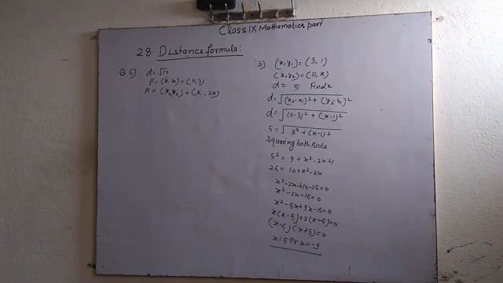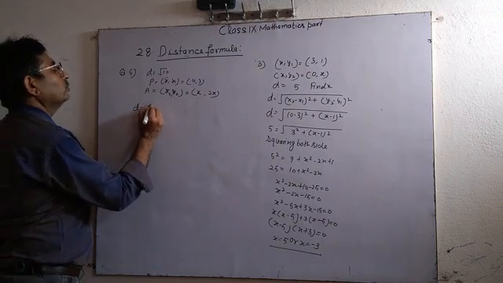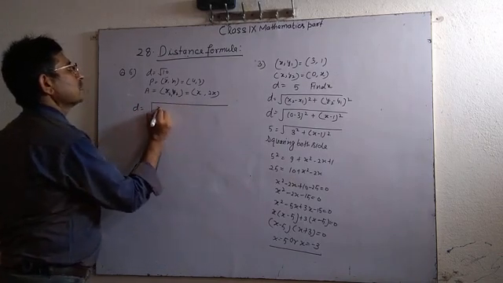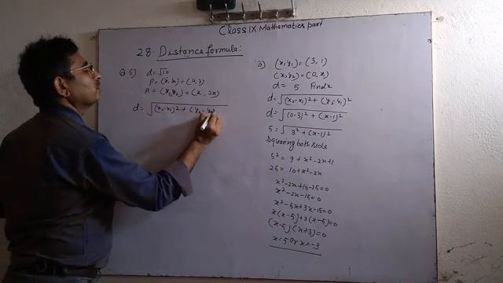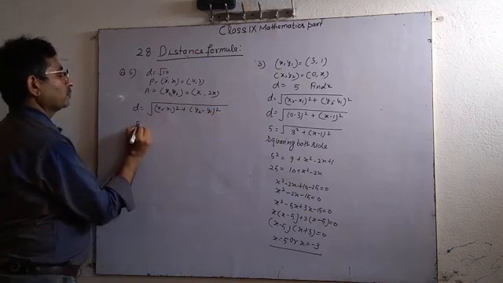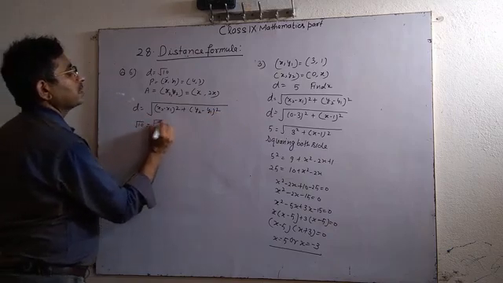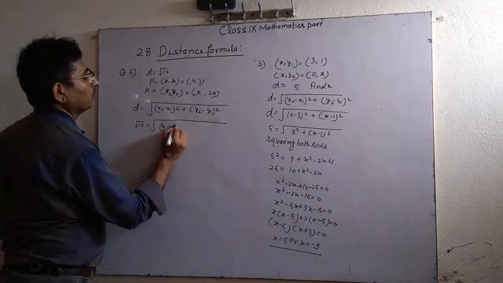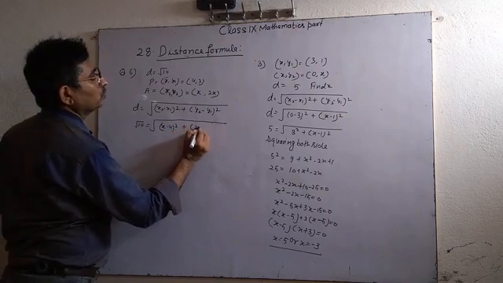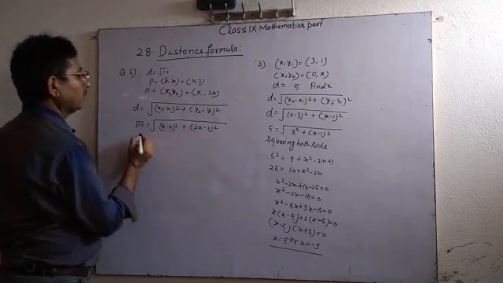Find the coordinates of point A if the ordinate, meaning the y value, is twice its abscissa, taken as 2x. Therefore, D equals the square root of x2 minus x1 whole square plus y2 minus y1 whole square. Put D as root 10, and x2 means x minus 4 whole square plus 2x minus 3 whole square.